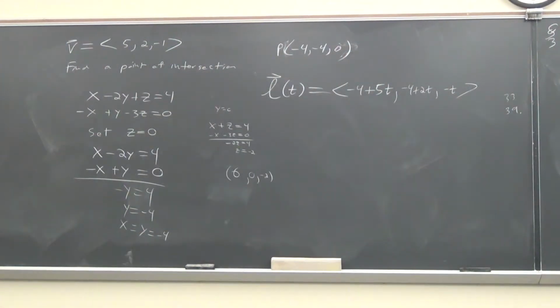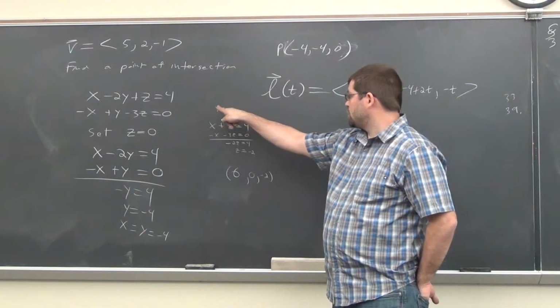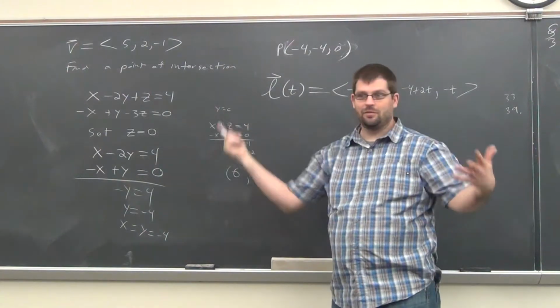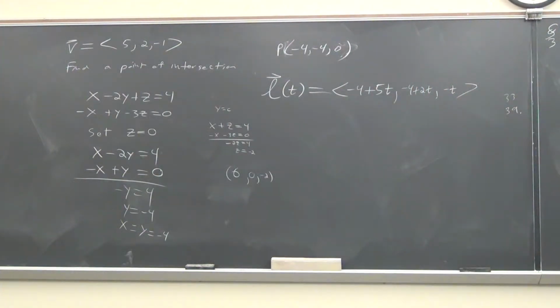Any other questions? I was picking 0 here, but you could have let y equal 5, and that should give you another point as well. You can almost pick any point unless you have a specifically bad line that's not crossing some place. Anything else on this one?